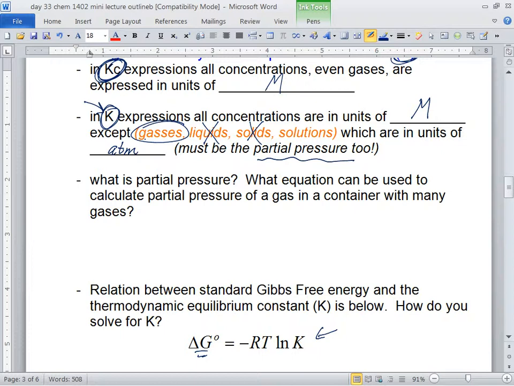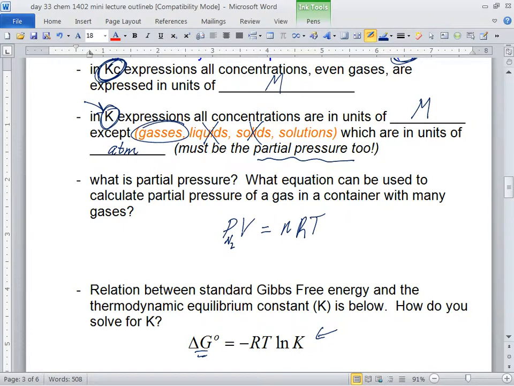Andrea, how could I calculate that? What's the ideal gas law? What equals what? Get you started. PV equals nRT. All right. So we want to know the partial pressure of a gas, I don't know, nitrogen. That's what you're supposed to solve for.